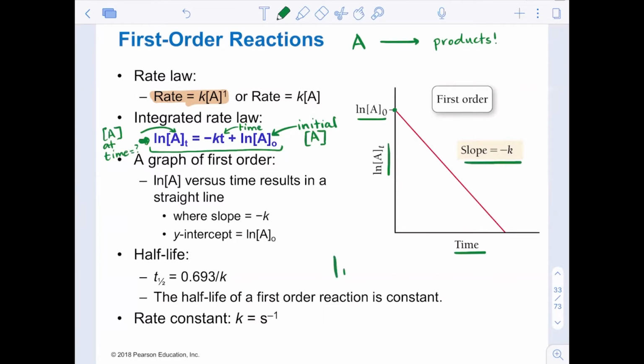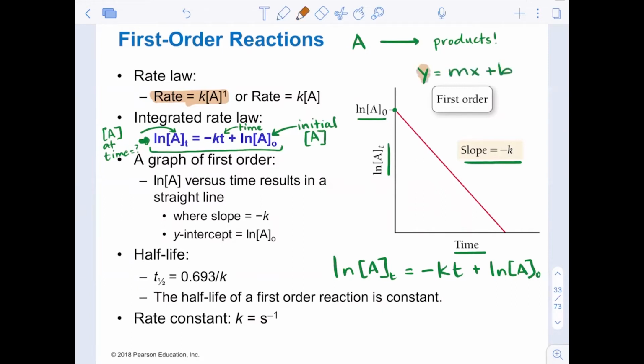Well, if we look at the actual equation, the integrated rate law, we see that it follows the same y equals mx plus b format. So remember, when we graph a line, y equals mx plus b.